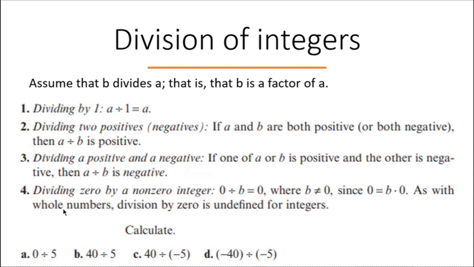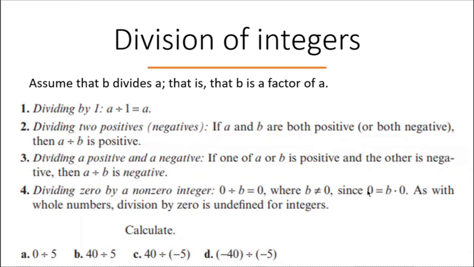Number 4, dividing 0 by a non-zero integer, or 0 divided by B is 0, where B is not 0, since B times 0 is still 0, as with whole numbers. So division by 0 is undefined for integers.